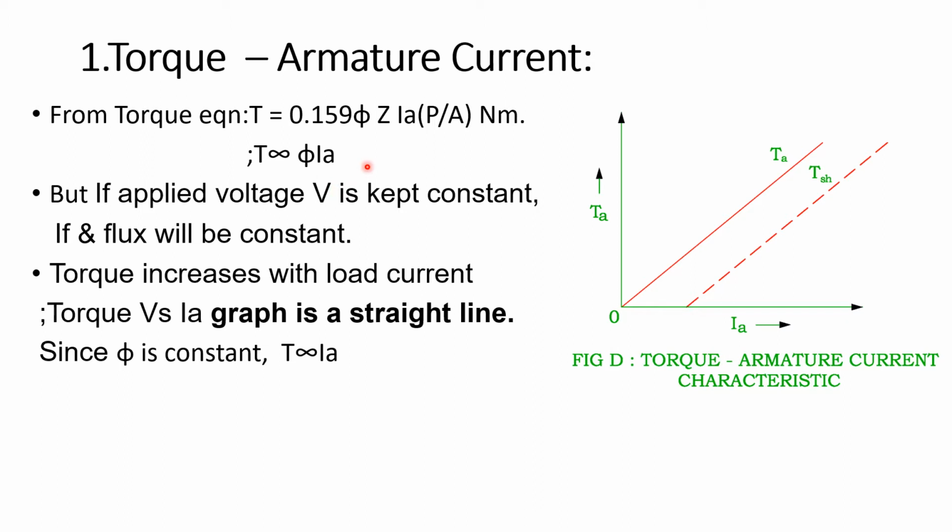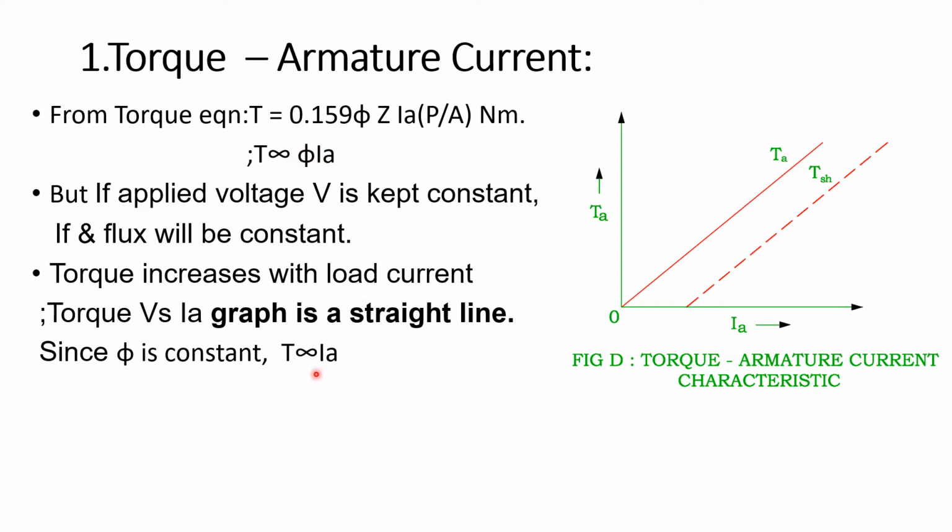But we know that for DC shunt motors, the applied voltage is constant and also the field current, and thereby the flux will be constant.